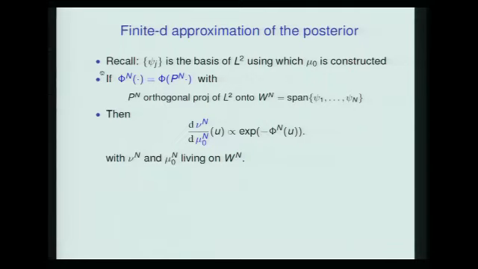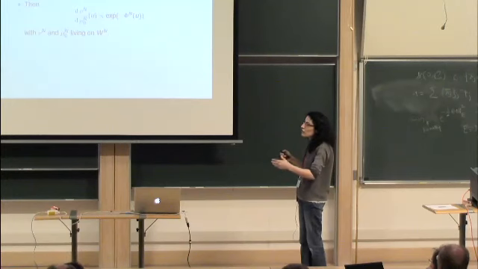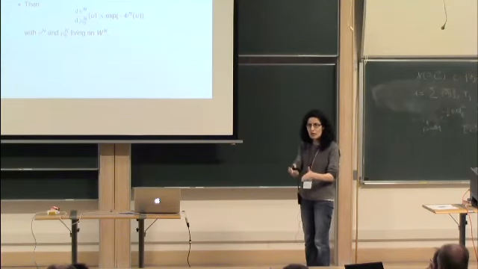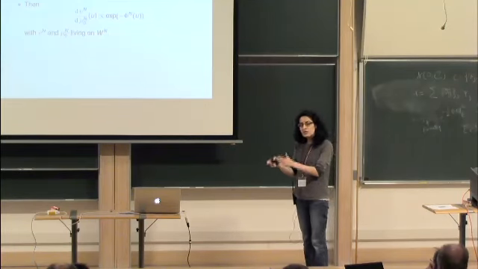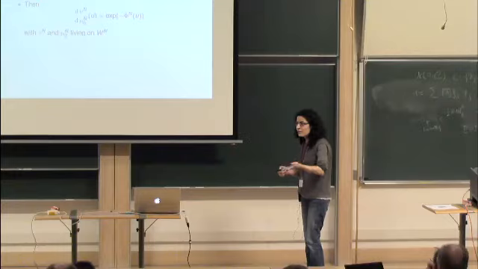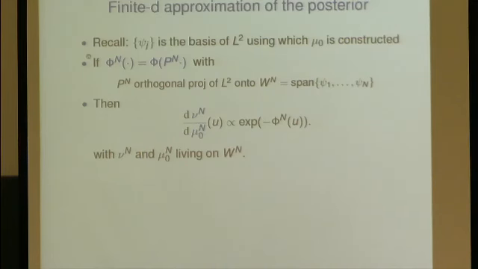So if you have chosen a good basis, for example you have the large permeability problem, you have chosen the wavelet basis, so it makes sense to also discretize your unknown function in your PDE in the same wavelet basis. So the same basis that you made your prior measure with, you are using to discretize the original PDE, because you chose it in the first place with that in mind.